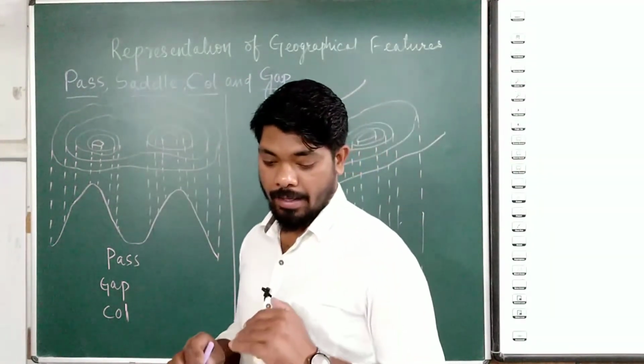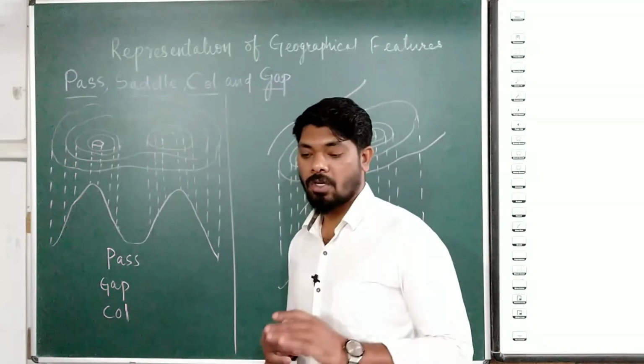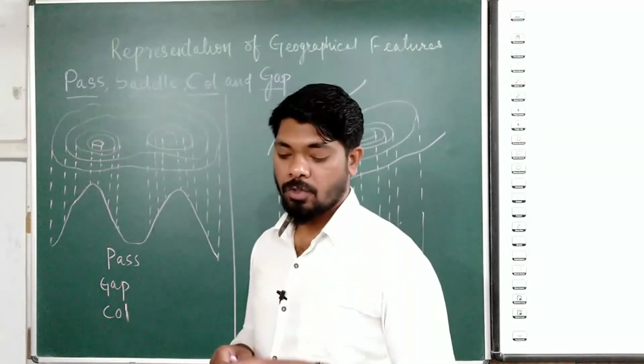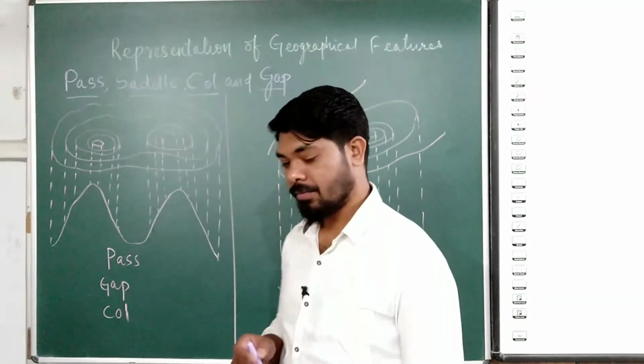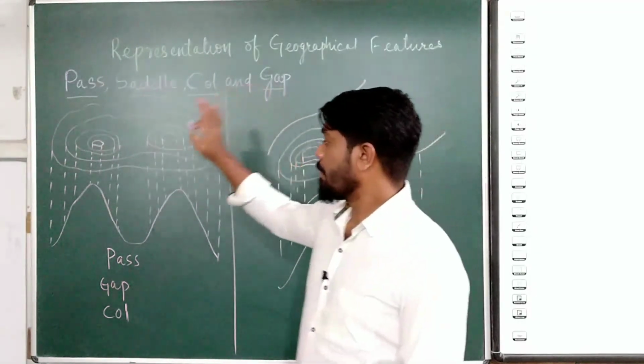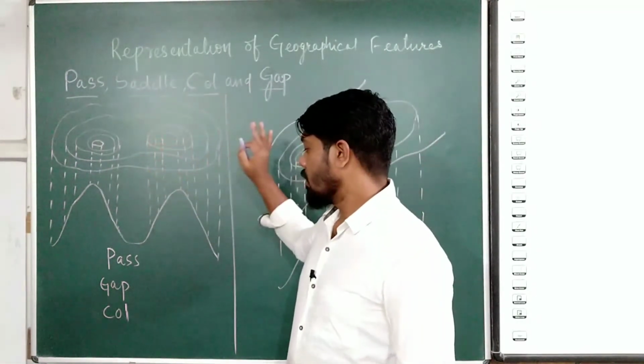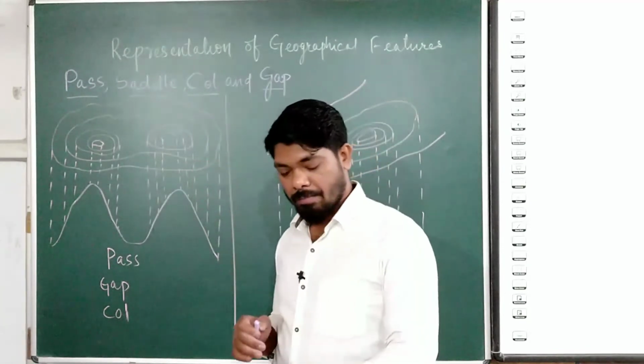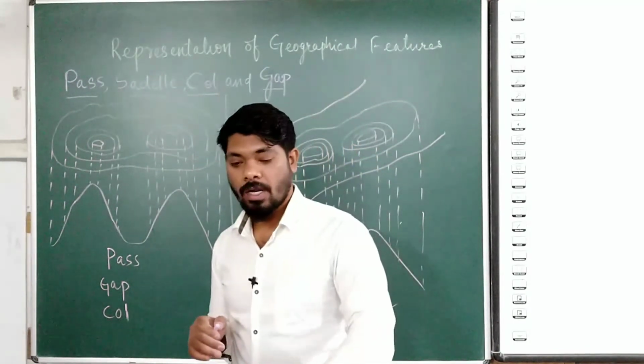Then we have a gap. A gap is a low depression close to the ground formed between a range of hills. A gap is also similar to a pass in how it looks on the topographical map with contour lines.